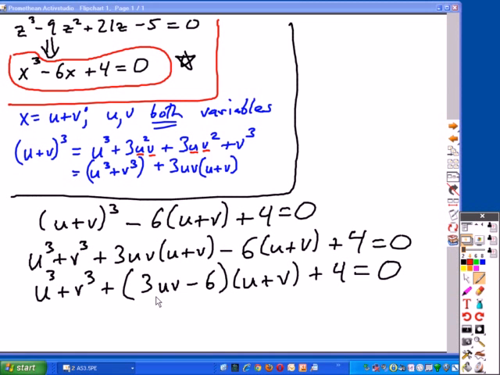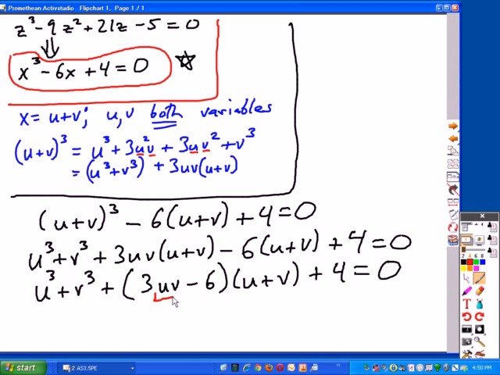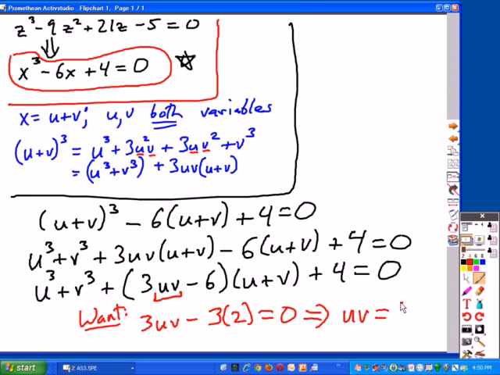And so you can see here that what has to happen is to have 3uv minus 6, well, I'm going to write that 6 suggestively as 3 times 2. If we want that term to go away, that's going to imply that the product u times v equals 2.